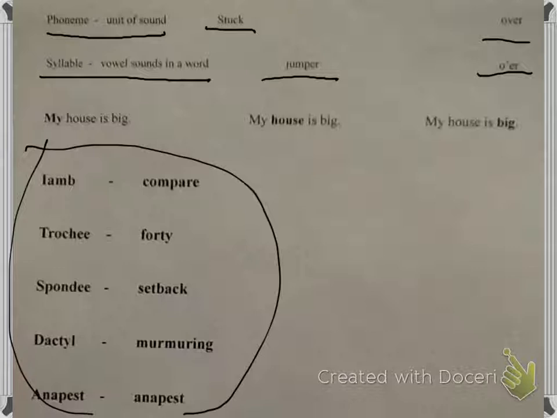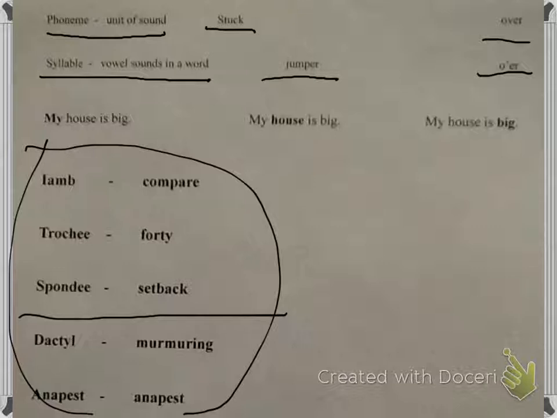There are others, and we can get to them as this becomes more advanced, but right now we'll focus on these five. Three of them, iamb, trochee, and spondee, deal with two syllables within their pattern. These can be two one-syllable words, or they can be one word that has two syllables that fit into the pattern. The last two, dactyl and anapest, are three-syllable words, or have three syllables set within the pattern.